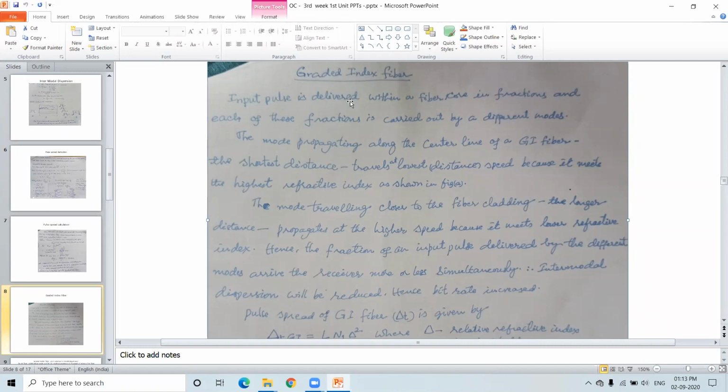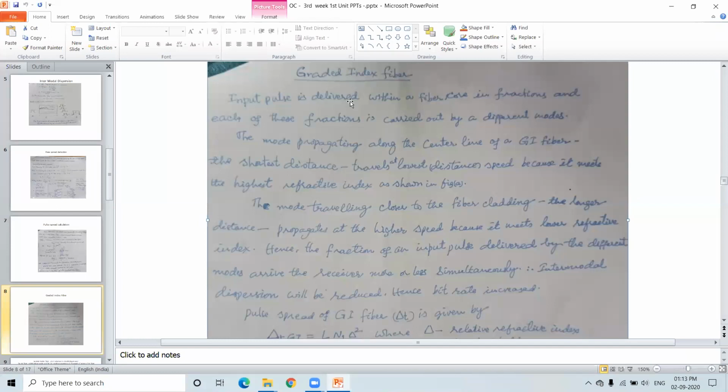That means as they travel more distance, obviously they reach at different time slots. Because of that, pulse spread is taking place in the step index multimode optical fiber. This is the physical problem taking place there.